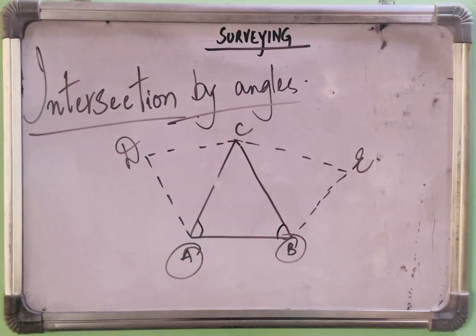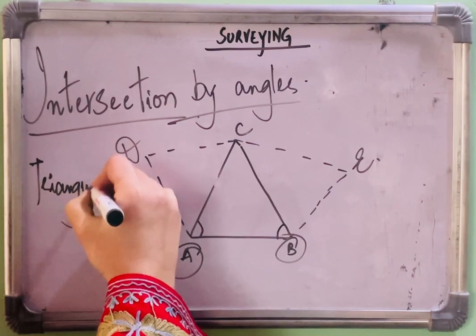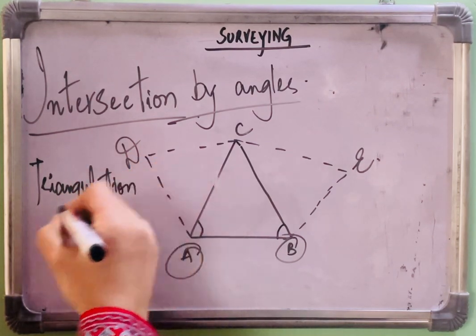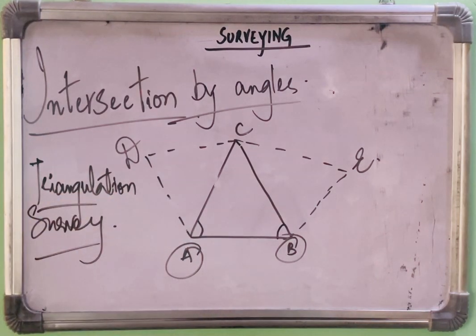Then we measure the angles CAB and CBA, and the position of the point C will be obtained by plotting these 2 angles. And the triangulation survey, let me write it down for you. Triangulation survey, which provides us a large network of horizontal control points, is based on this method, intersection by angles.